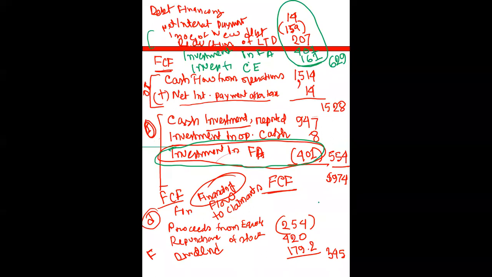So you see that D is getting 345, F is getting 629. So if we add 629 and 345, how much is it in total?